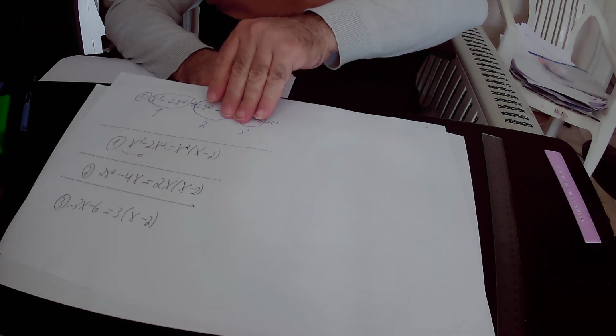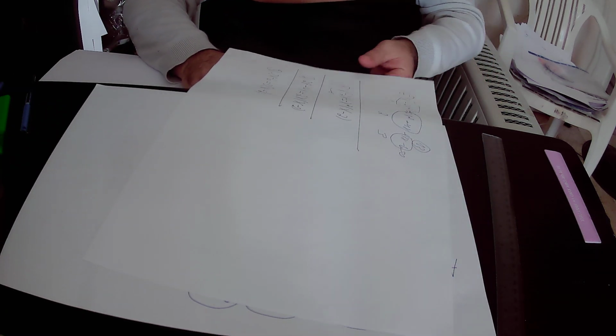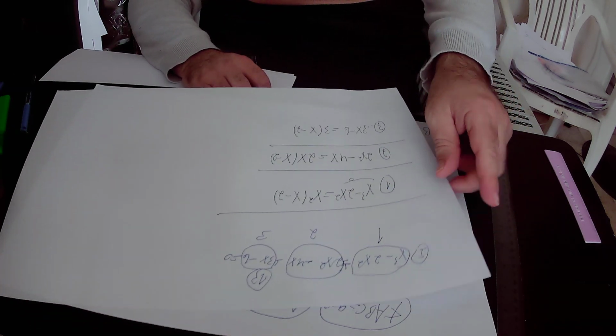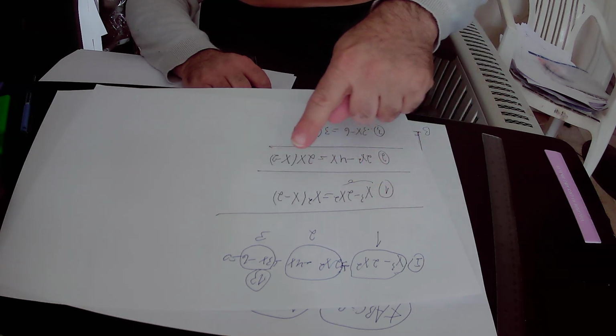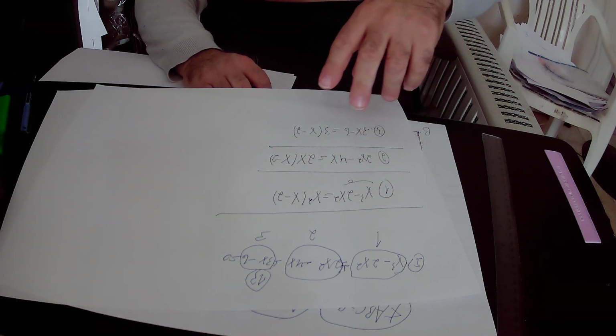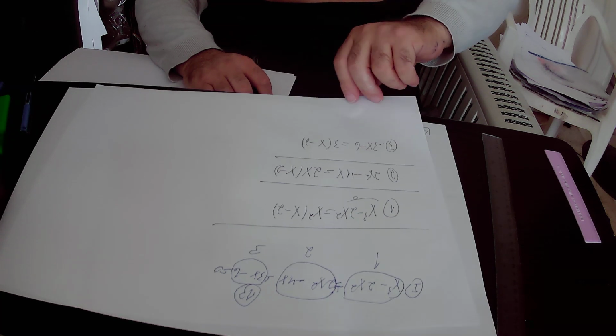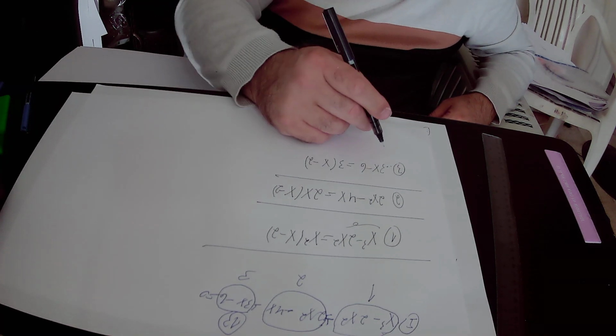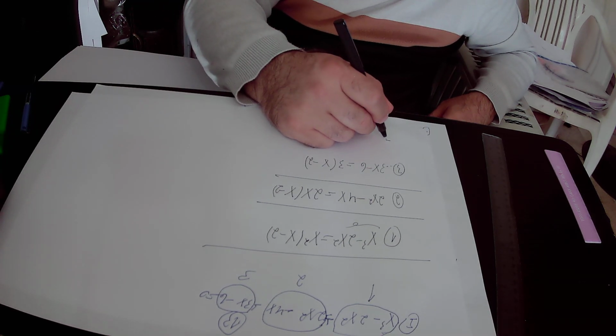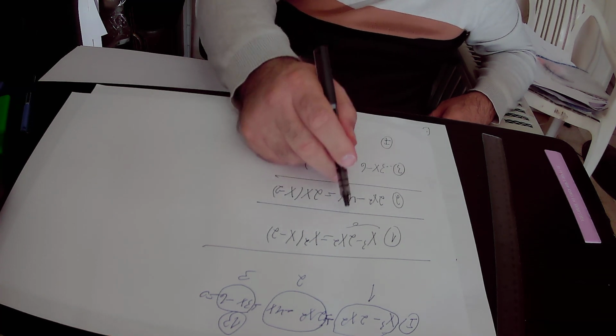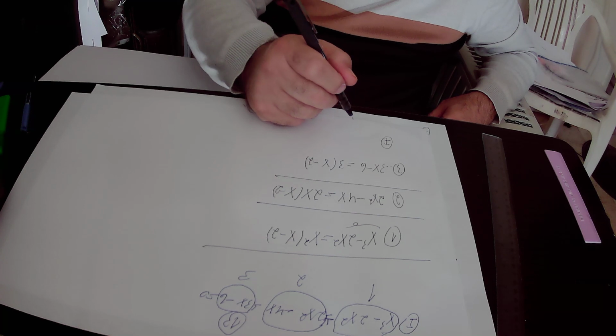So we will do it now, and we know that the sum of those 3 expressions equals 0. Therefore, the sum of these 3 expressions will also equal 0. So we'll substitute this expression by this expression.